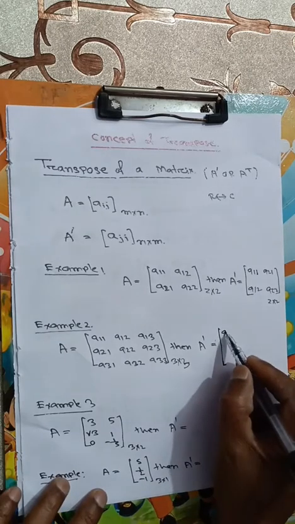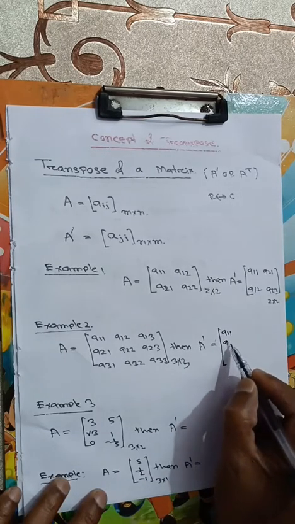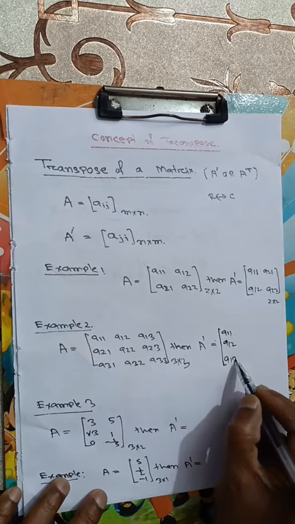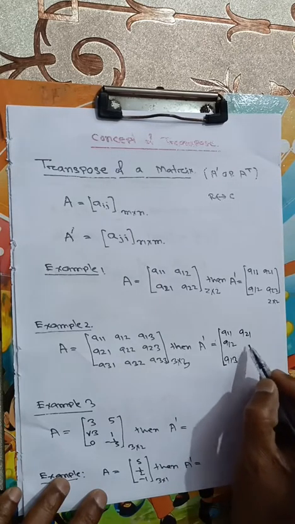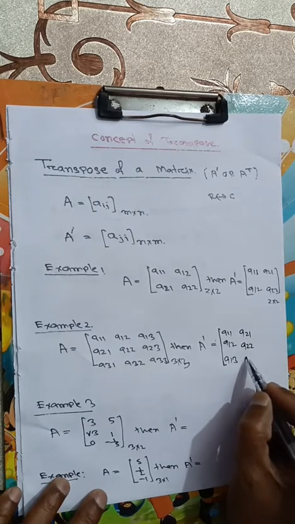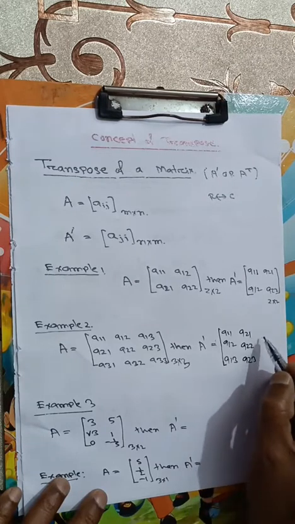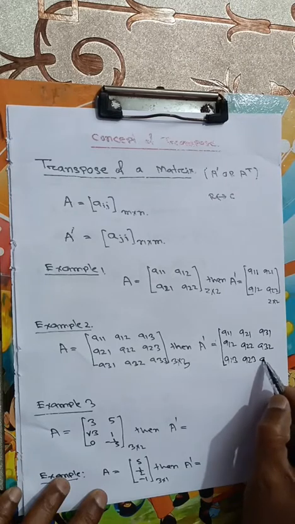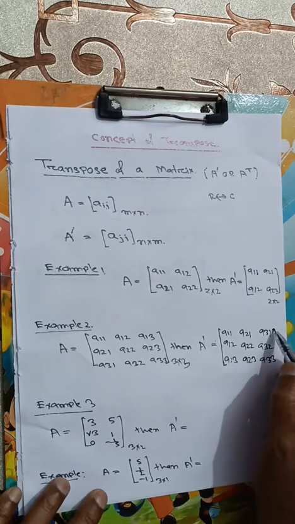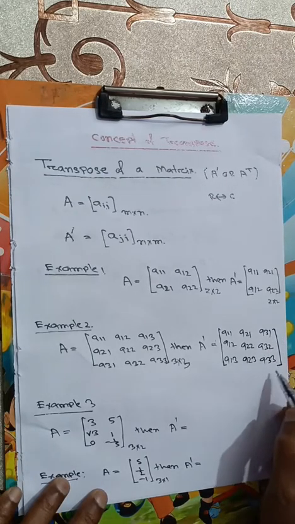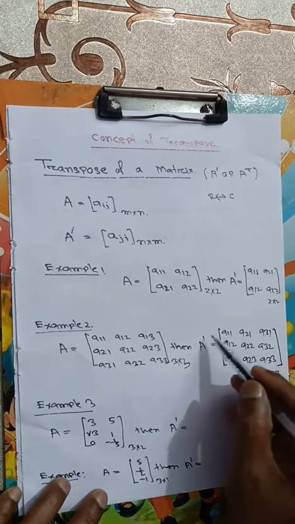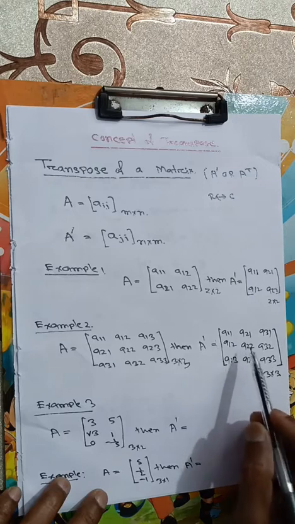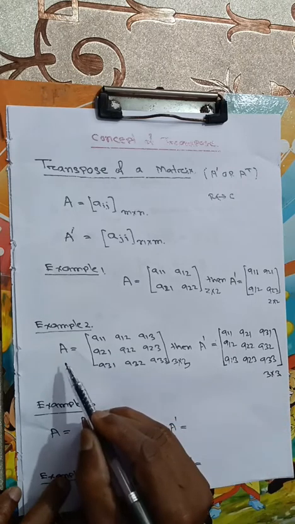Then we get A11, A12, A13, A21, A22, A23, A31, A32, A33. That is, we get a new matrix of the same order, since it is a square matrix. Then this is known as the transpose of matrix A.